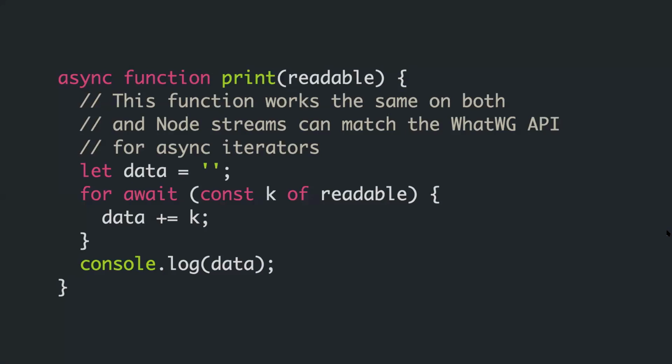Note that WhatWG streams are specifying kind of the same behavior, so this code above should work the same on both. It's a route that we might want to pursue. It's just basic Node.js, just basically JavaScript code there.